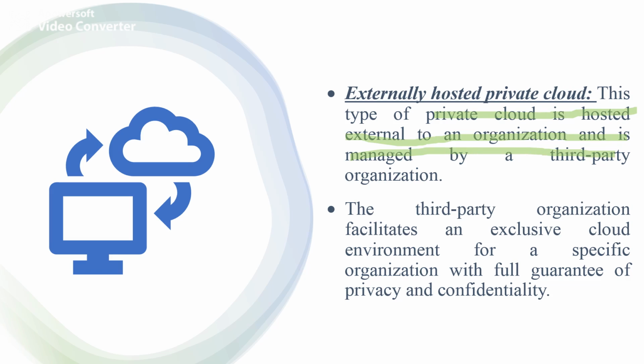The third party facilitates an exclusive cloud environment for a specific organization with full guarantee of privacy and confidentiality. So even if the third party is managing it, it provides a guarantee for the privacy and confidentiality of the data.